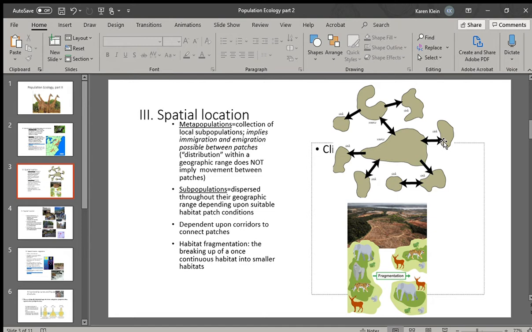Now, I'm using animals as an example, but plants have subpopulation and metapopulation phenomena occurring as well. Even though plants are stationary, their seeds can actually disperse in a metapopulation and subpopulation type of construct. Now, there is your key, though.